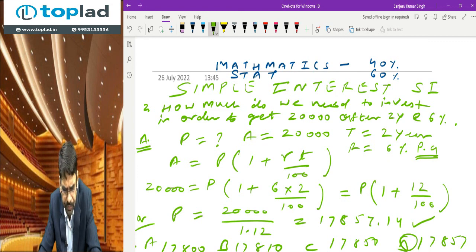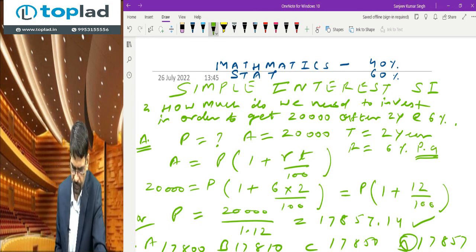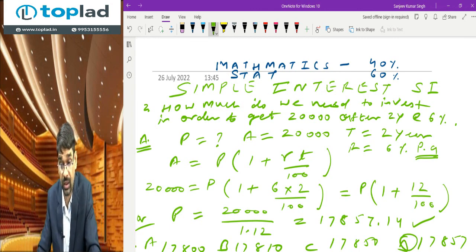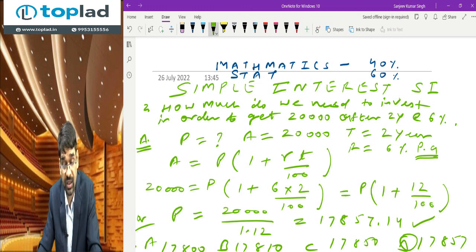This is an example with concept. You have to understand the concept, which formula I have used. Either you understand the concept or remember the formula.